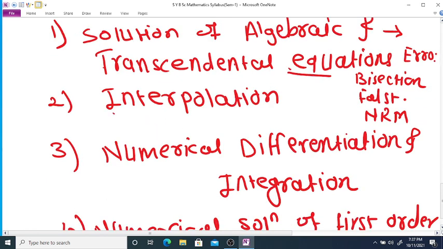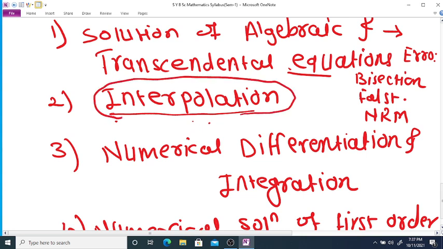Now in interpolation, first we are going to see the finite difference operators, forward difference operator, backward difference operators, then shift operator, then Newton interpolation formula, Lagrange's interpolation formula, we are going to see in this chapter, interpolation.